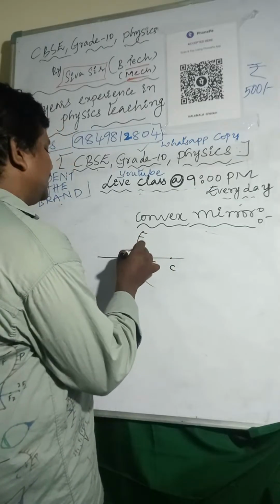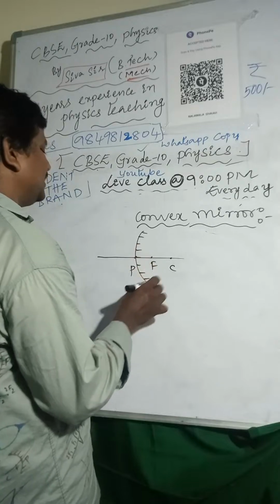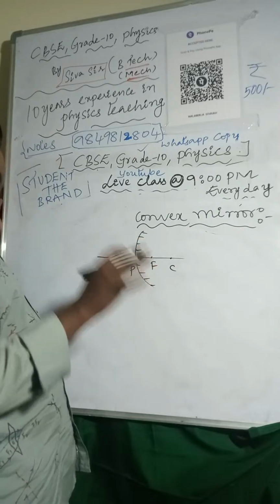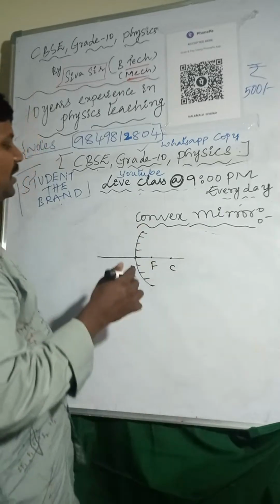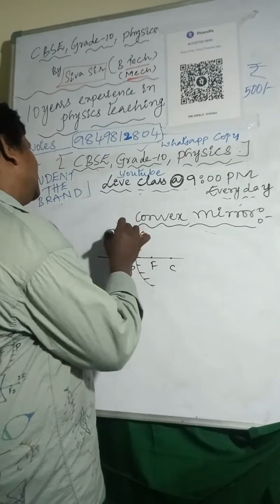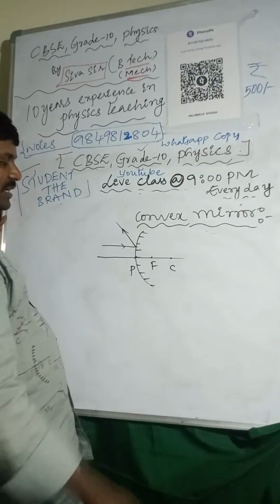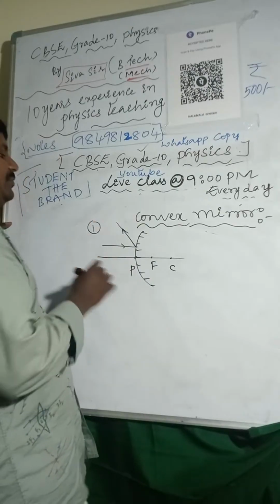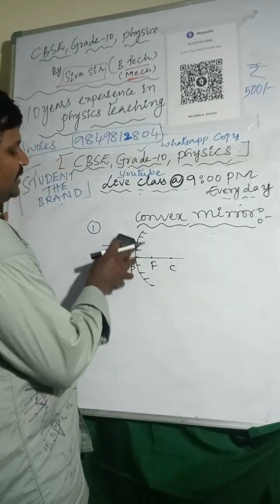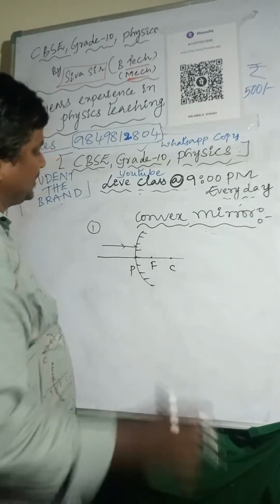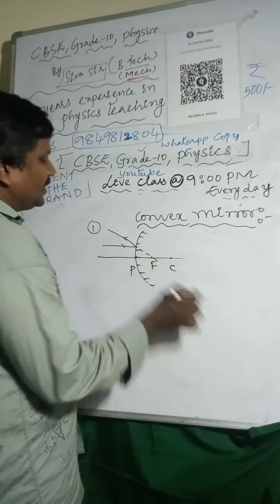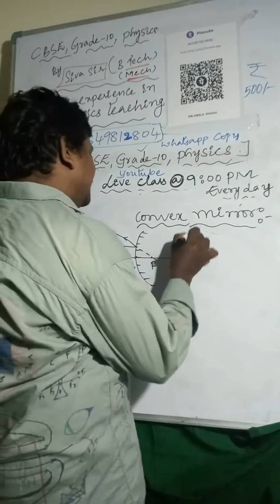A light ray coming from infinity, after reflection, passes through focus. What is that? Focus. Yes, here is the focus.